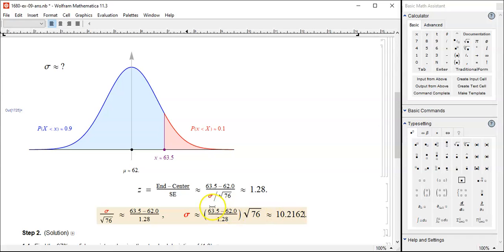Or if you're not really familiar with anything, just write SD there. Standard deviation over square root of 76, and standard deviation is this quantity. In any case, whatever symbol you use, it's just an algebra problem. Solving an equation. It's just a linear equation.